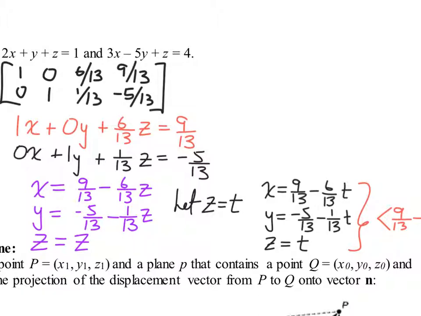T over 13 sounds good to me. And then t is the parameter. And then we can give it some width, so I'll go negative 10 to 10. If it's not good enough, I'll adjust it. Oh, wow. All right. Wait, why'd you have to do negative 10 to 10? Just to give it some domain, because if I don't, then it's not going to know where to start and stop it.